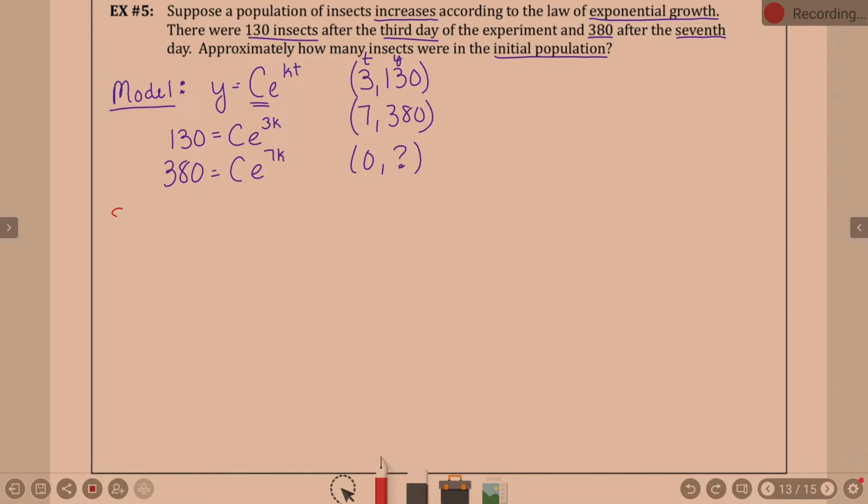We're going to solve one of them for C. It doesn't matter. And then we're going to substitute that one into the other one. And that will give us an equation to find K.